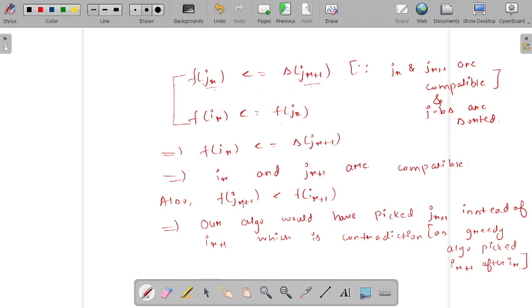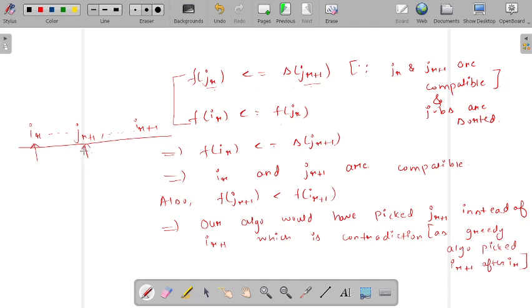And we had an assumption that f of JR plus 1 is less than f of IR plus 1. Since the way our algorithm works, it always selects the first compatible interval, right? So after IR, in the sorted order, we have the option of JR plus 1.